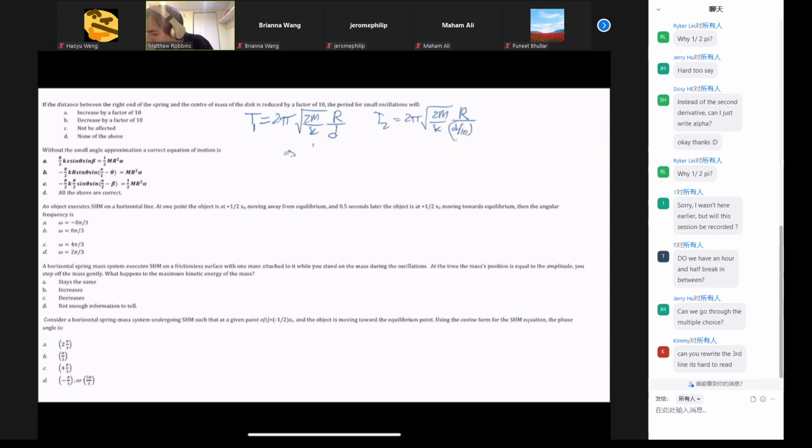So that means that T1 over T2 will be equal to, essentially, here I'll just write down the entire mathematics. r divided by d, divided by 2 pi square root 2m over k, r divided by d over 10, which is going to be equal to, let's make sure I do this properly because there's a lot of fractions, d divided by r over d over 10, which should be equal to, not 1 over 10.